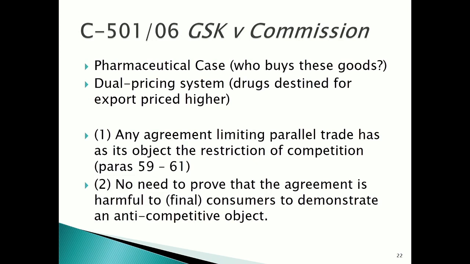In other words, one price for the domestic market, another price for the export market. This was held to be a restriction, problematic, and indeed a restriction by object. So the most severe type of restriction. So any agreement that limits parallel trade is viewed as a restriction by object, which means we then go back to the object effects analysis.